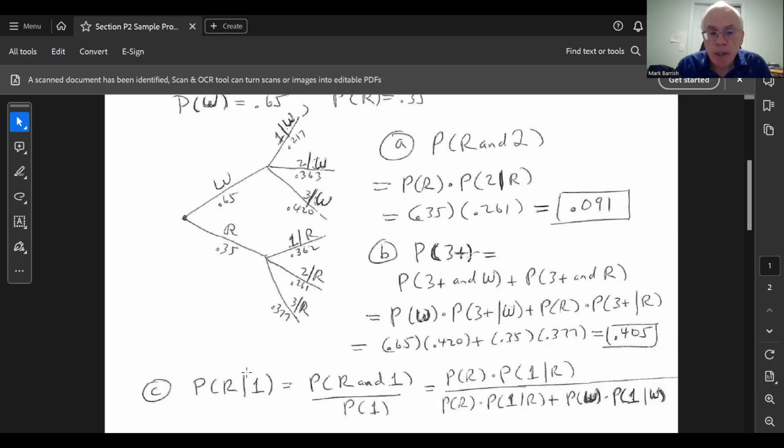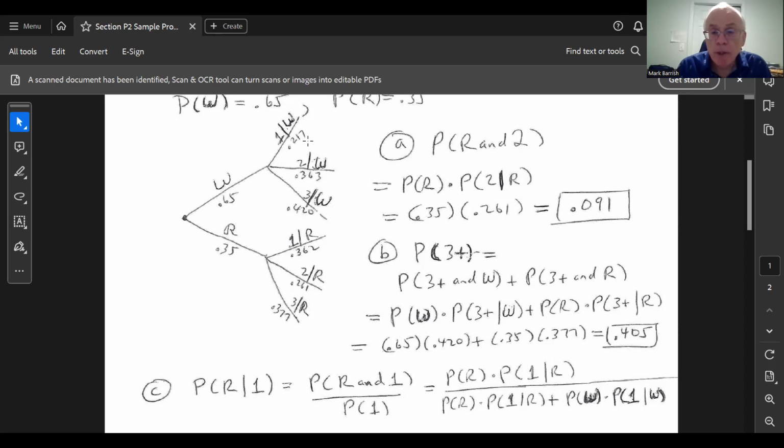You just need to use the formula for conditional probability. The numerator is simply going to be the multiplication of 0.35 times 1 given R. 0.35 times 0.362, that's your numerator. Your denominator is going to be the sum of 0.35 times 0.362 plus the other branch up here, 0.65 times 0.217. That's the other one.